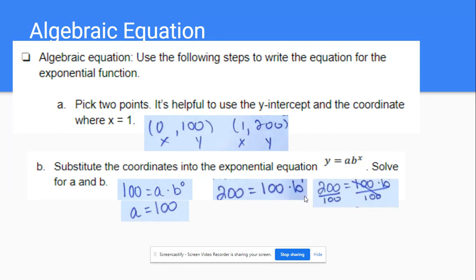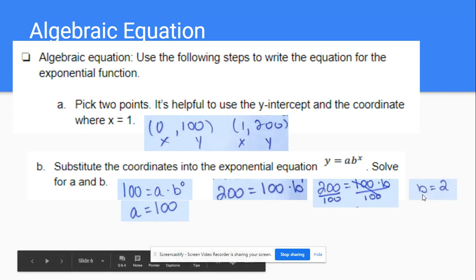So what I need to do is solve this equation, 200 equals 100 times b, and I need to get b by itself. So the opposite of multiplying is dividing. If I divide by 100 on both sides, 200 divided by 100 leaves me with b equals 2. One more step, okay?